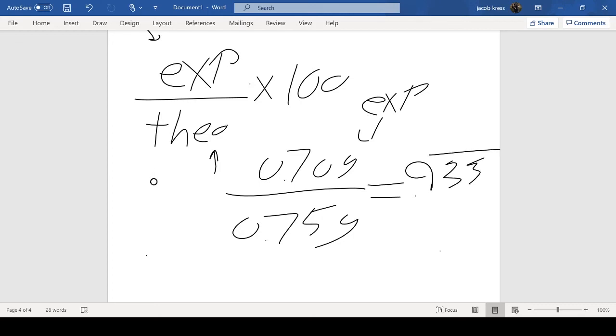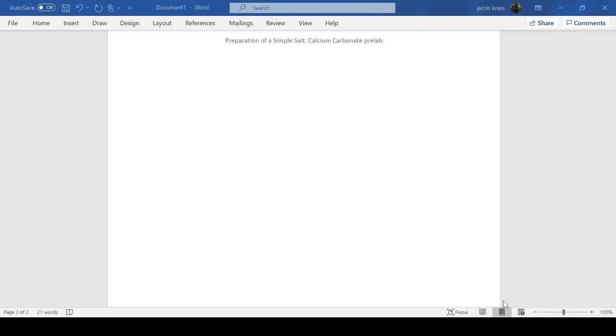So if we times that by 100, we are going to get 93.3%. So a pretty good percent yield. So that's what percent yields are. Again, if you think of them like a grade, they're pretty straightforward.